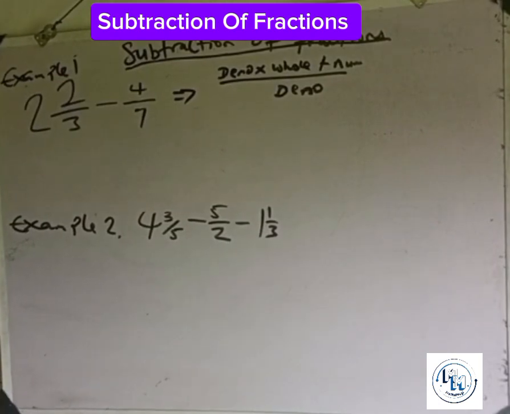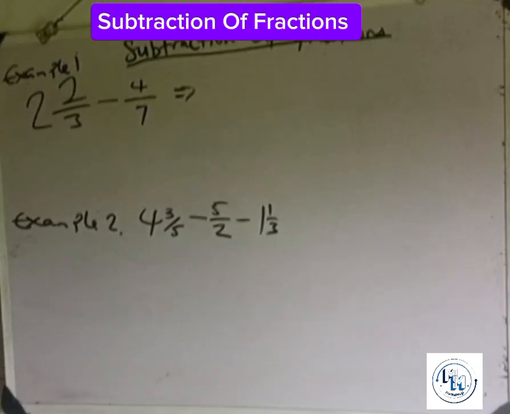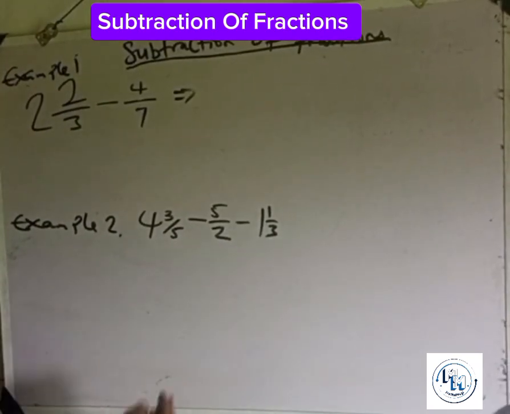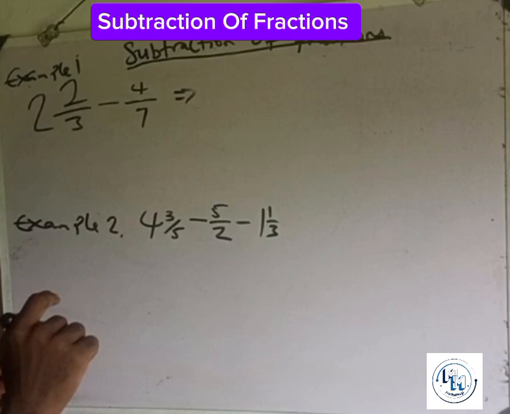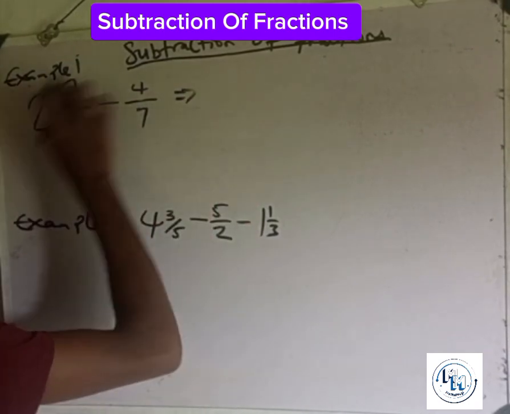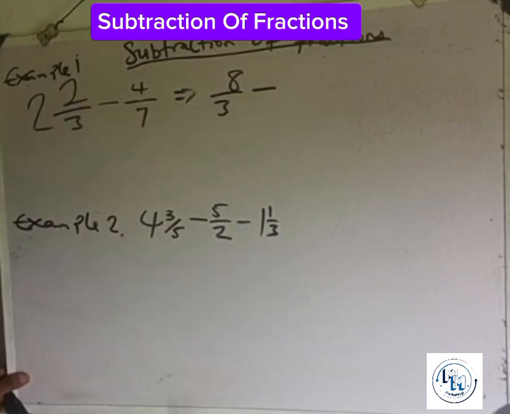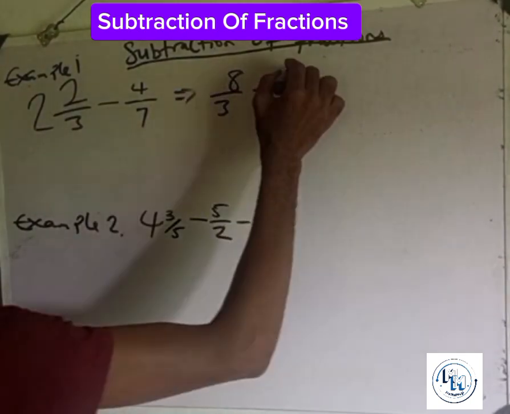So if we want to change 2 whole number 2 over 3 to improper fraction, what are we going to do? We have 3 times 2, which is 6. 6 plus 2 is 8 over 3. Minus this one, which is already an improper fraction, so let's just write it down like that.